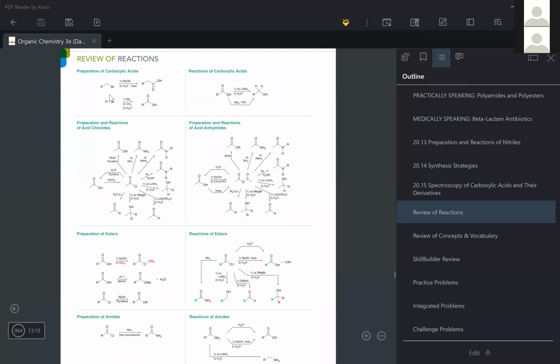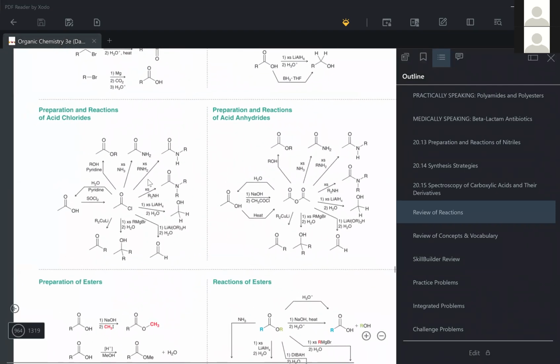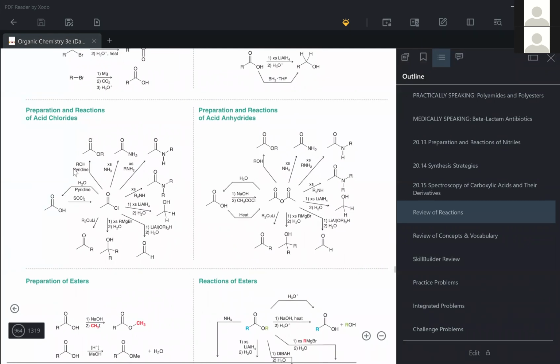There are the preparations and all that, but if you look at all of these, most of them are very similar. Whenever you have an alcohol reacting with a carboxylic acid derivative, you get an ester. We see that here. Let me draw lines maybe here. Whether it's an anhydride or acyl chloride. Same thing with the amines and all the different amides you get. If it's ammonia, a primary amine or a secondary amine, you just get different amides.